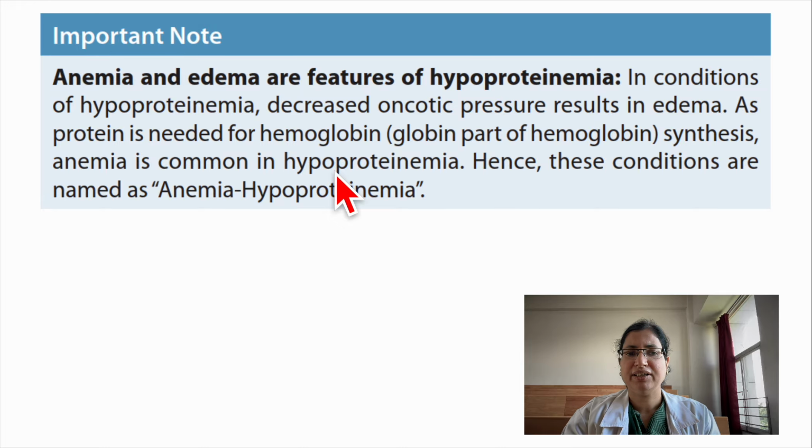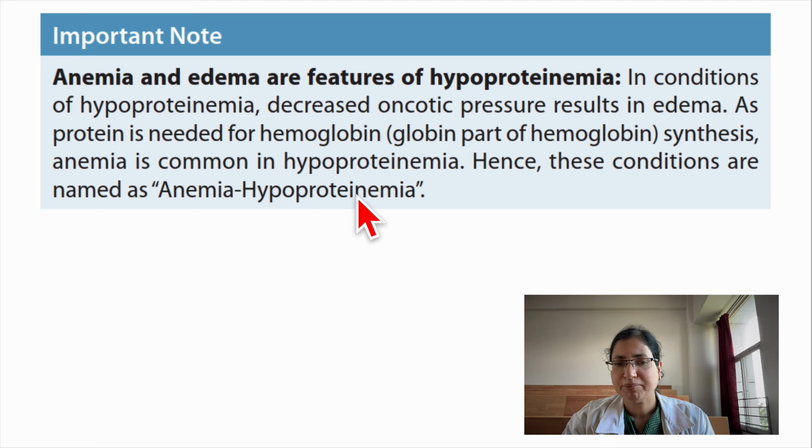So protein content of blood is decreased in hypoproteinemia, leading to decreased oncotic pressure resulting in swelling or edema. As protein is needed for the globin part of hemoglobin synthesis, anemia is common in hypoproteinemia. Hence, these conditions are named as anemia and hypoproteinemia.